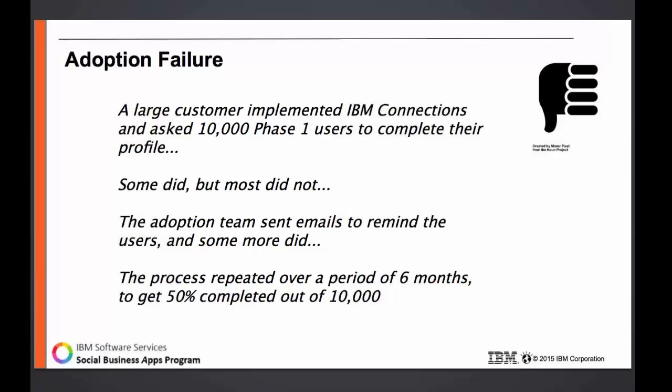Too often, however, instructions are not followed and reminders have to be sent out to those users, and that induces some additional completions, but really not enough. And this very small initial step, just getting the profile completed, can be dragged out over a long period of time with a really low completion rate.